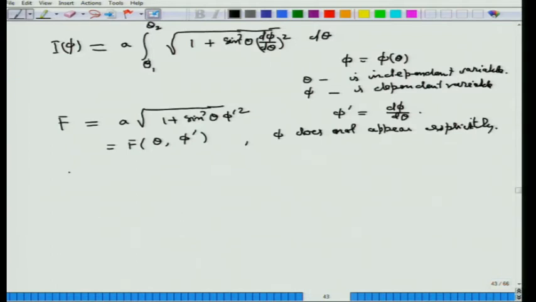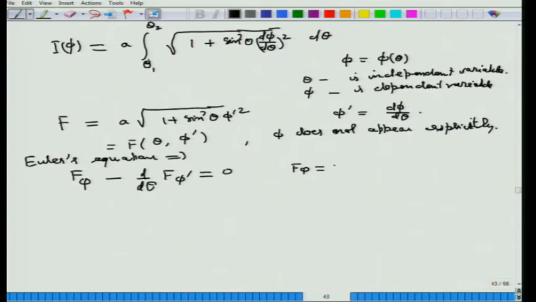So, here we will have the Euler equation. Euler's equation implies f phi minus d by d theta, in place of x we have theta, f phi prime equal to 0, and here f phi is 0.